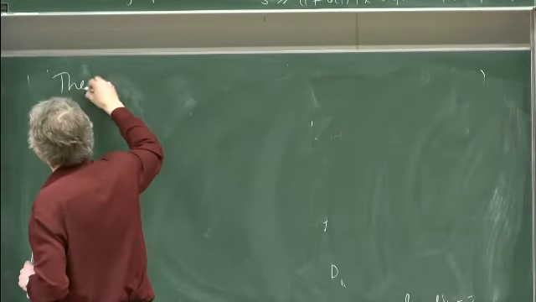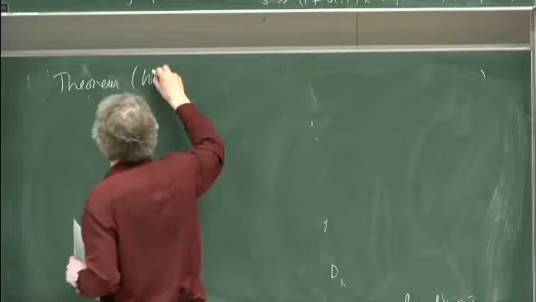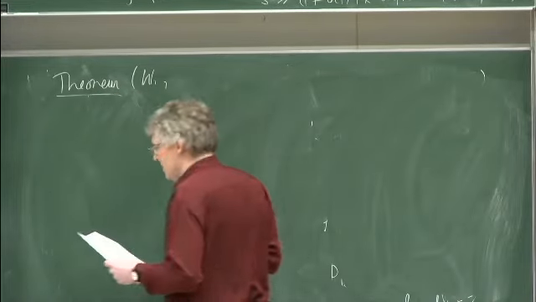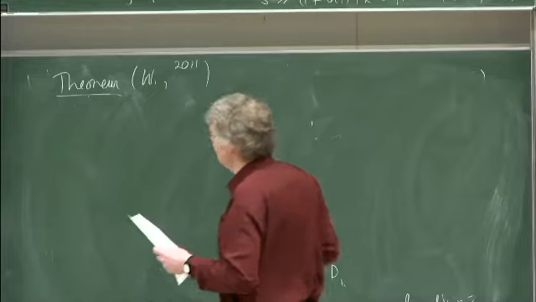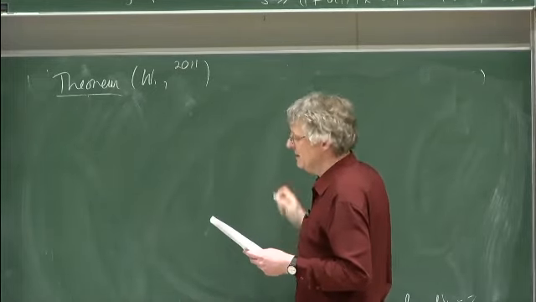And then what I want to talk about today is this theorem, which you can find on the archive now. I guess it appeared on the archive in 2011, but it was all done in 2010.